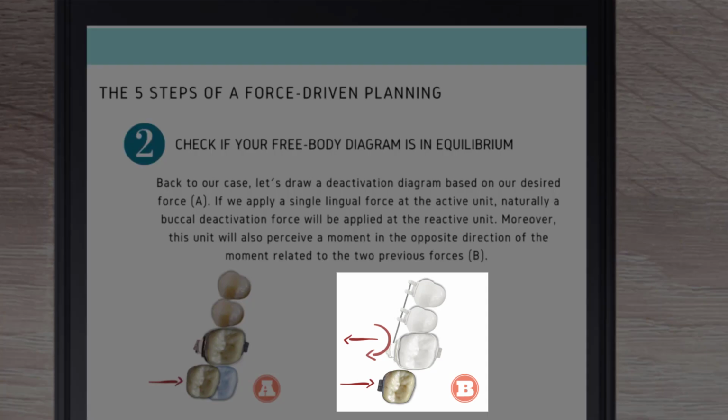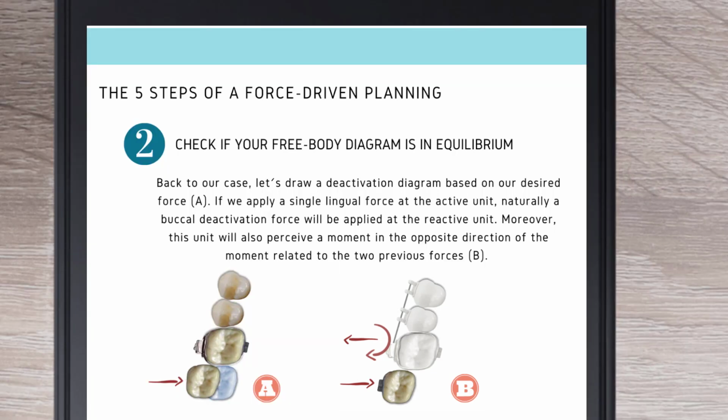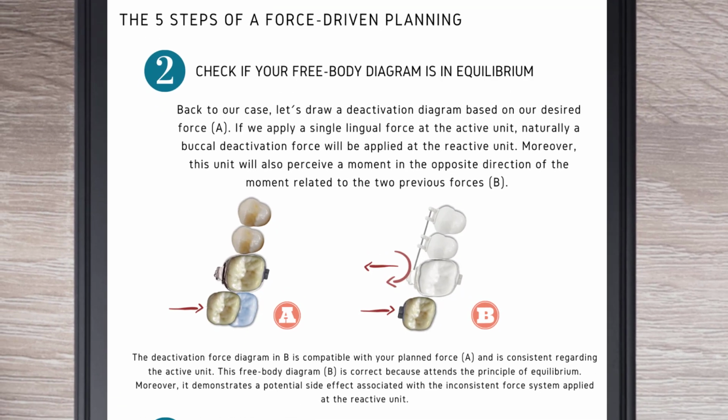The deactivation force diagram in this figure B is compatible with your planned force and is consistent regarding the active unit. This free body diagram, as you can see in figure B, is correct because it attends the principle of equilibrium. Moreover, it demonstrates a potential side effect associated with the inconsistent force system applied at the reactive unit.